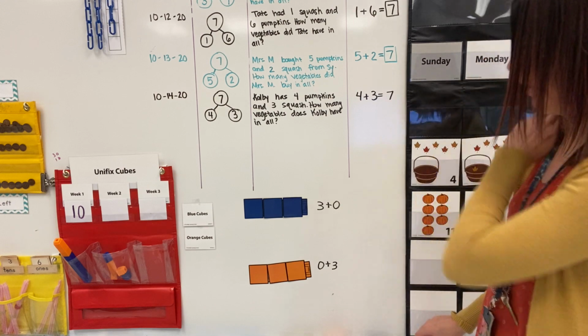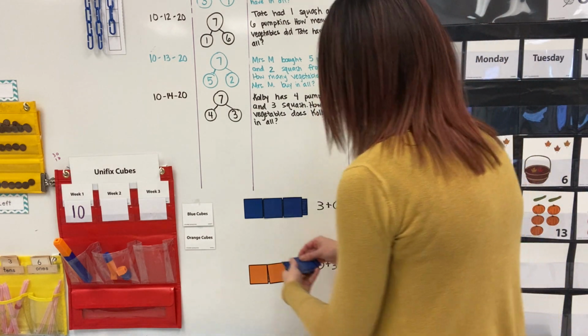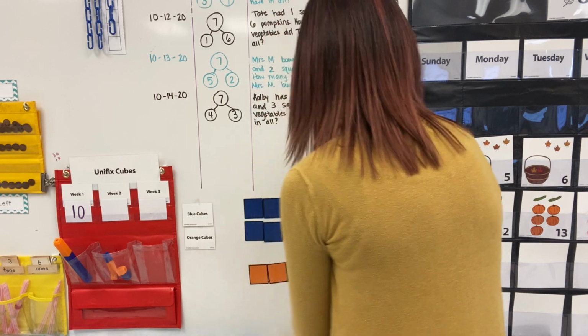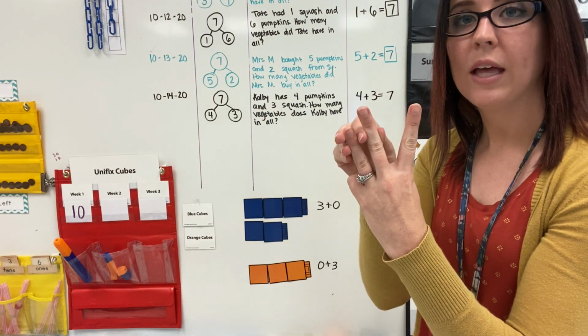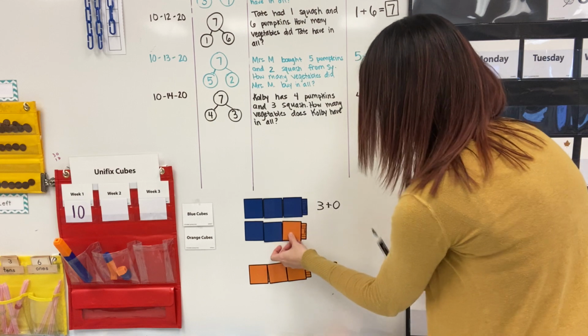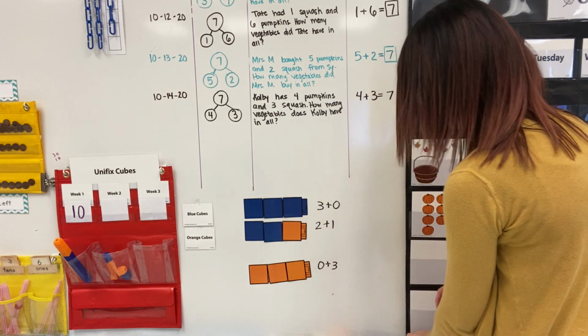What else could we pull out? Ooh, there could be 2 blues. If 2 of them are blue, remember we're going to have 3 altogether, so if 2 of them are blue, how many would be orange? Just 1, you're exactly right. So we could have 2 blue and 1 orange. What else could we pull out?